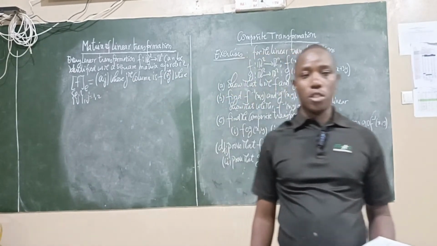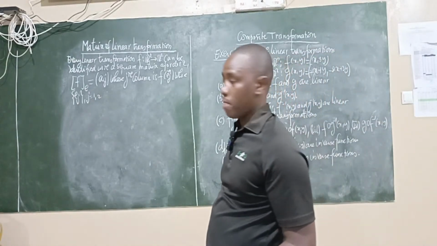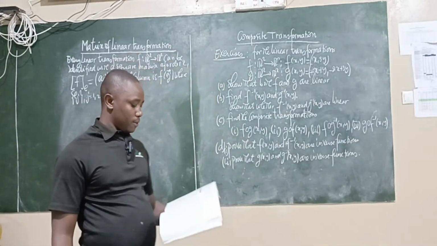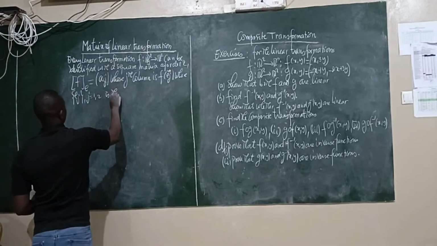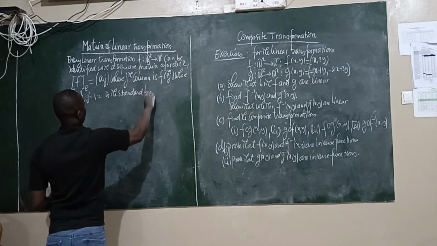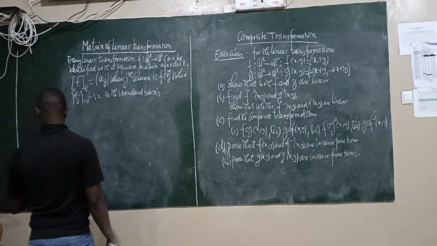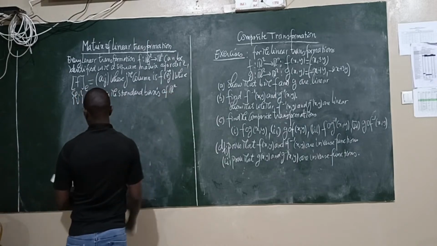Remember, our transformation is of order 2. When it comes to order 3, you'll be using the same procedures. E is the standard basis of R2.